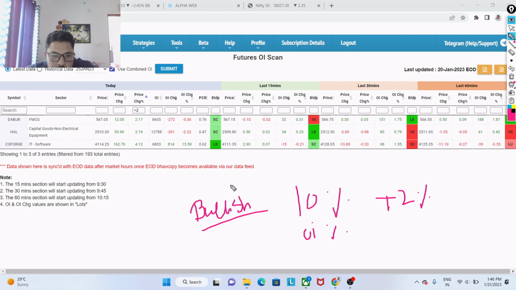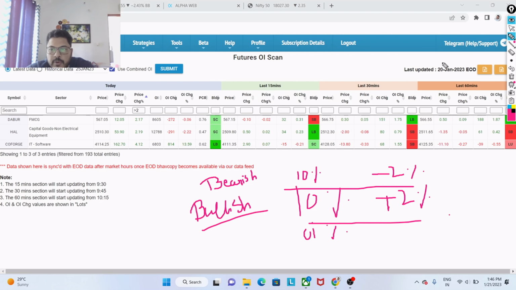Okay, this is bullish. Bearish is the same thing: 10% open interest change and minus 2% price change. So these are the two conditions which you have to follow.